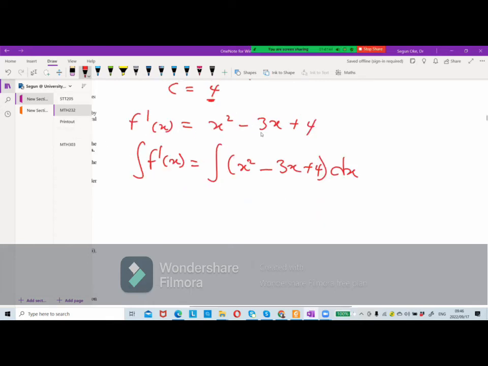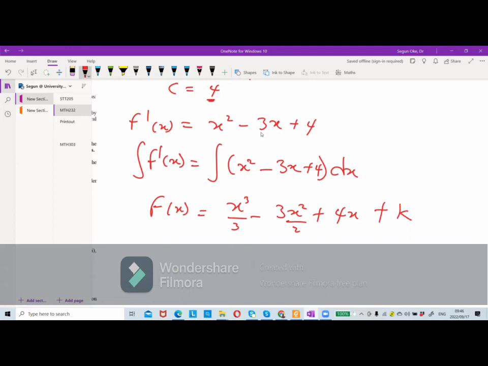When you integrate this one, you have f of x now equals x cubed over 3 minus 3x squared over 2 plus 4x plus k. Let me use k now, because I use c up. Anything can represent my arbitrary constant.